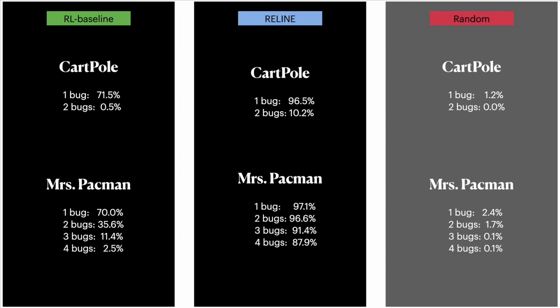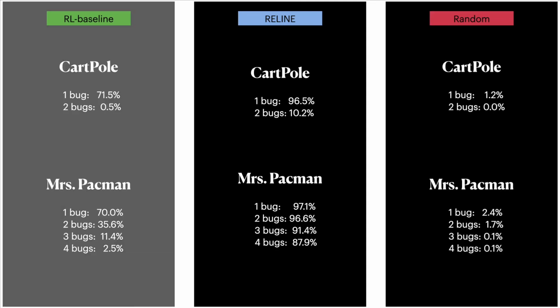We can notice that the random agent was not really good at spotting bugs, but that is due to the randomness of the agent itself, because performing random actions, the agent is not able to play, so it loses the game very fast and it has no time to explore the environment and spot bugs. The reinforcement learning baseline instead was quite good at spotting at least one bug in one game.